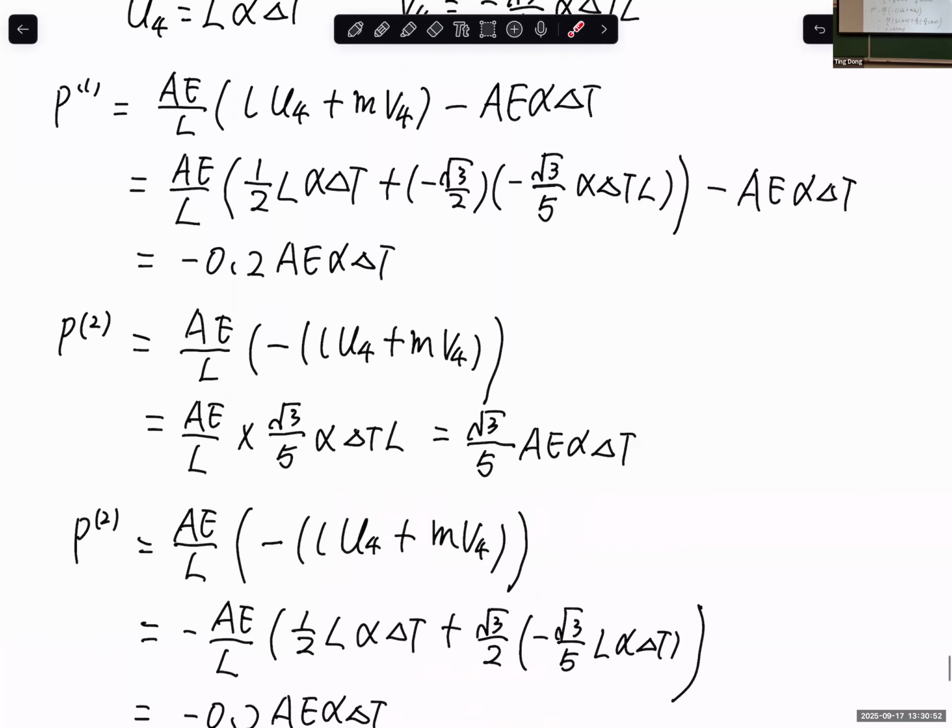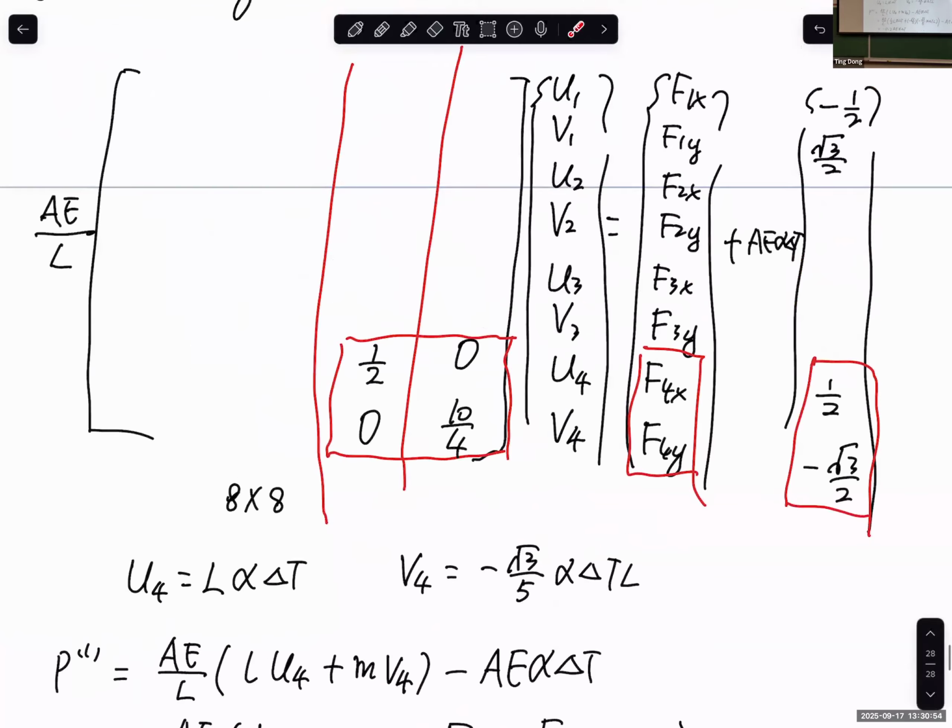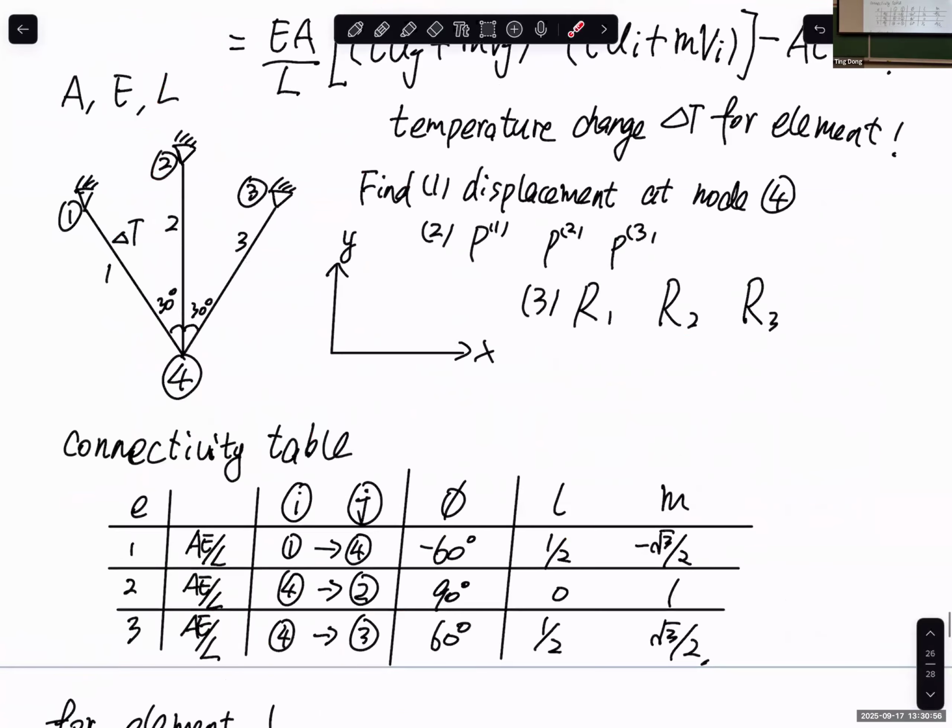This positive number means that our definition of positive x direction is from node 1 to node 4. So this is the positive local x direction, right?